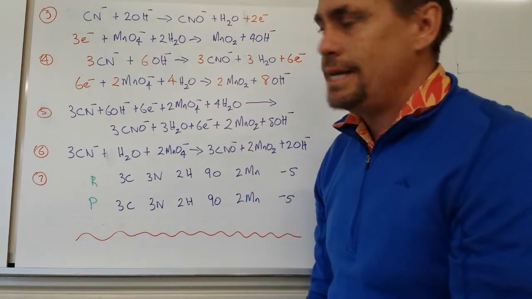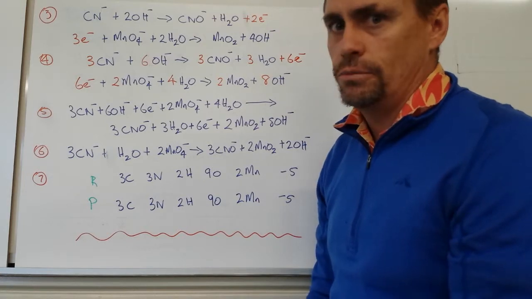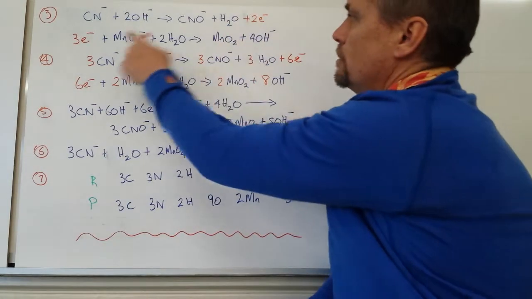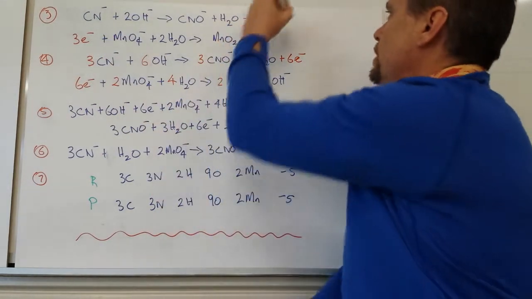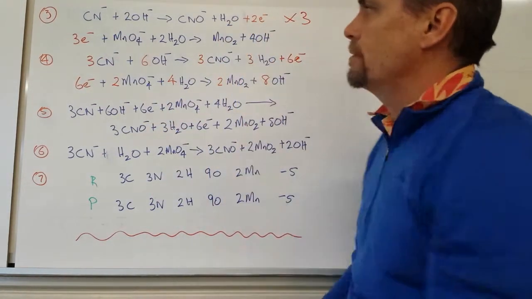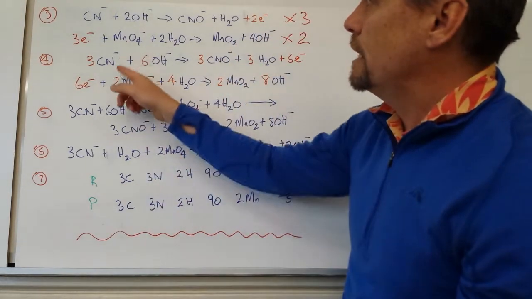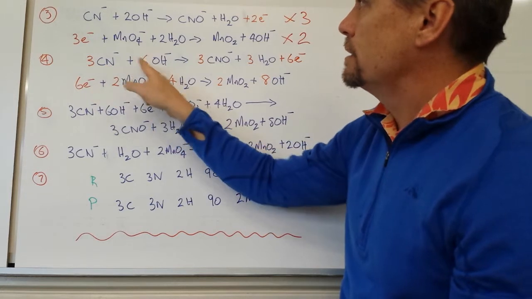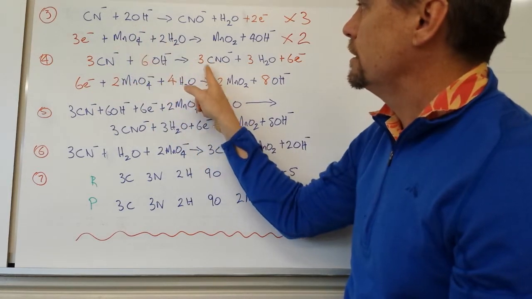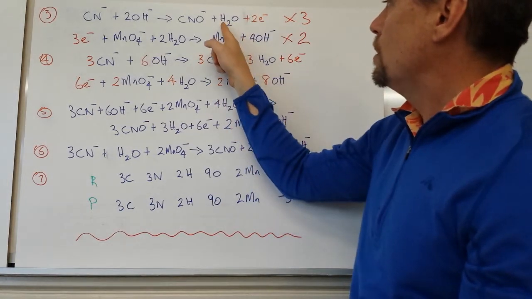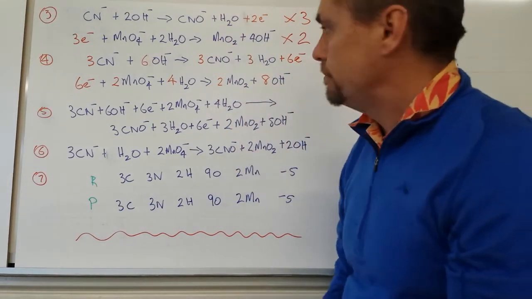Step number 4 says we need to balance the electrons on both sides. So if we have a look, we've got 2 electrons and 3 electrons. So we'll need to multiply the top one by 3 and the bottom one by 2, which gives us 3 cyanide ions plus 6 hydroxide ions, gives us 3 cyanate ions plus 3 water molecules plus 6 electrons.